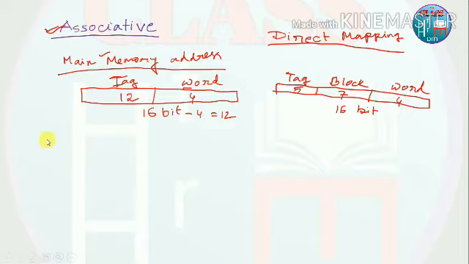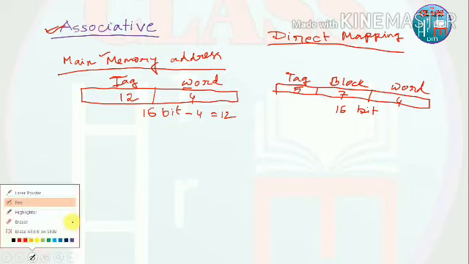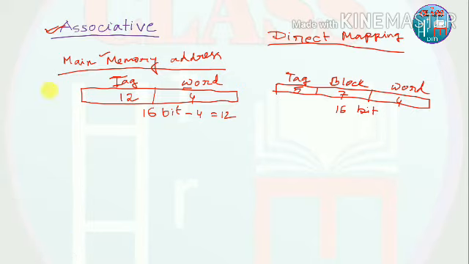Clear? Now the third one is the set associative. So if we calculate the main memory address for the set associative, how will we calculate it?